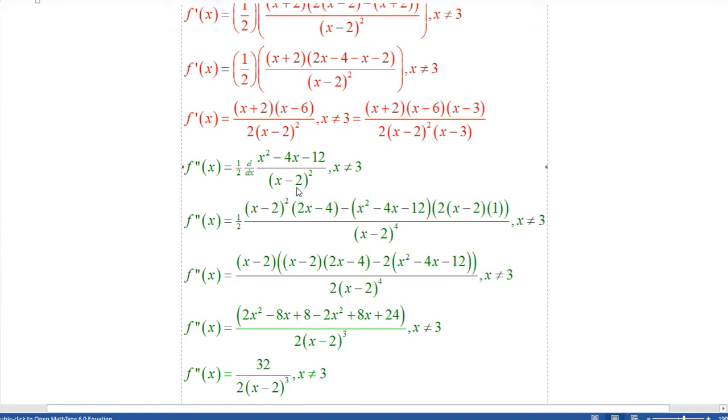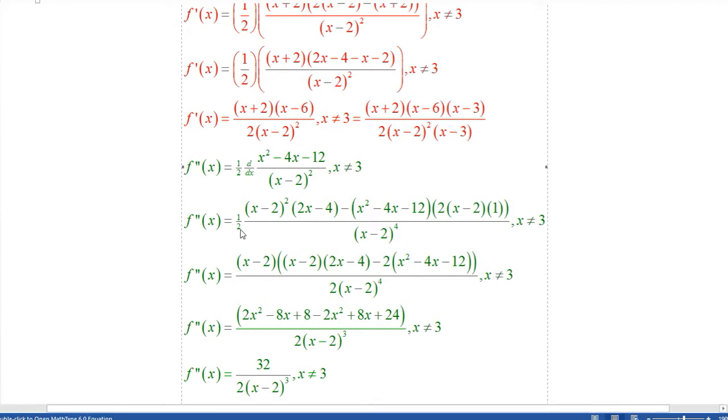So I'm going to get the bottom times the derivative of the top. Well, the derivative of the top is 2x minus 4, minus the top, which is that quadratic polynomial, times the derivative of the bottom, which is 2 times x minus 2 times just 1, over the bottom squared. So that's x minus 2 squared, which is x minus 2 to the 2 times 2, or x minus 2 to the 4th.